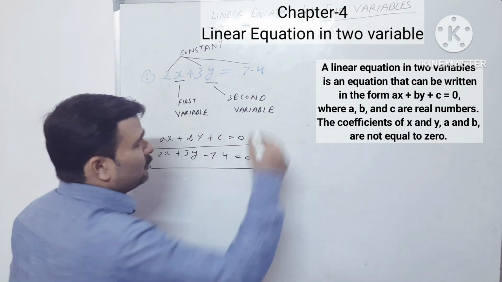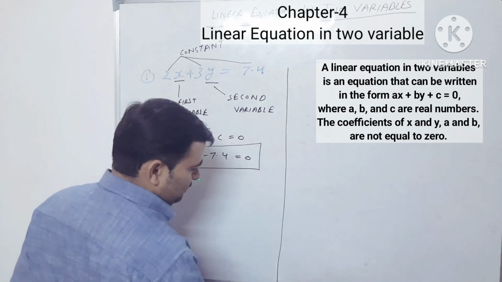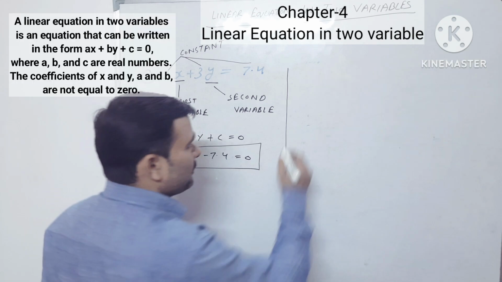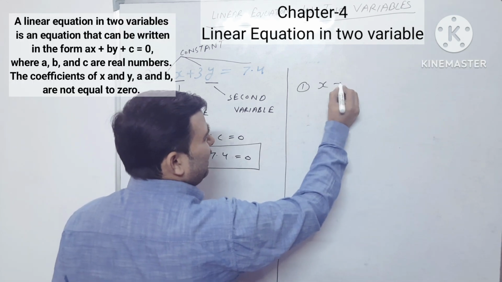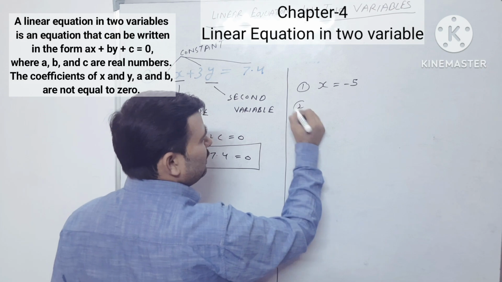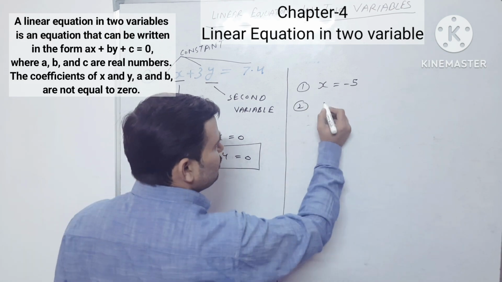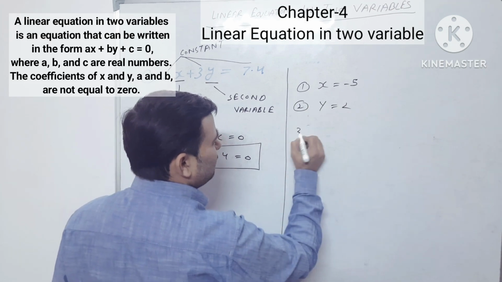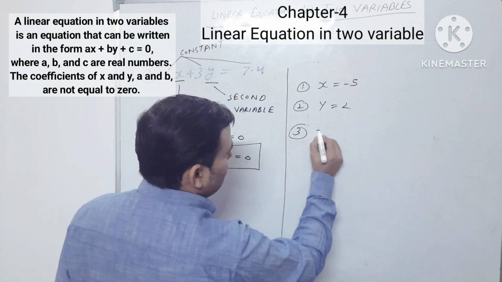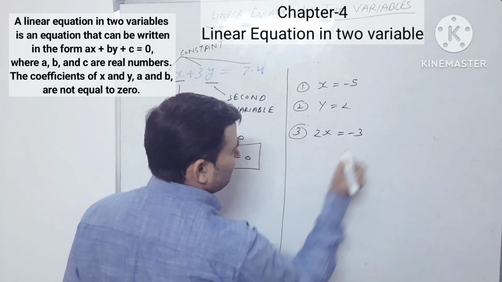Now focus on some other example. Suppose we are given x is equal to minus 5, y is equal to 2, and 2x is equal to minus 3.